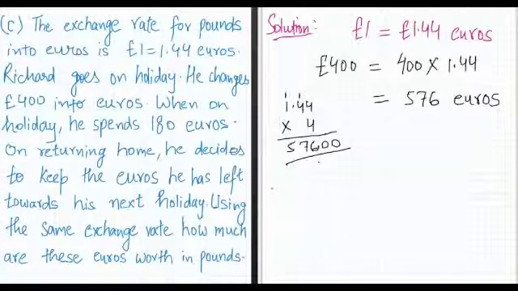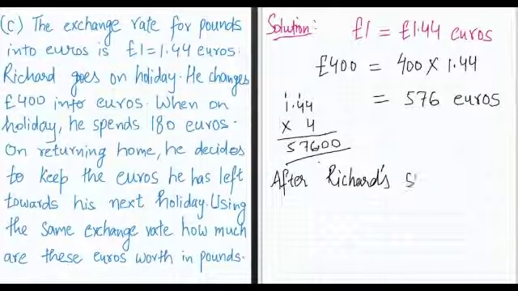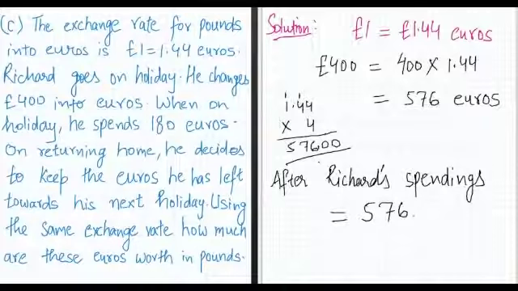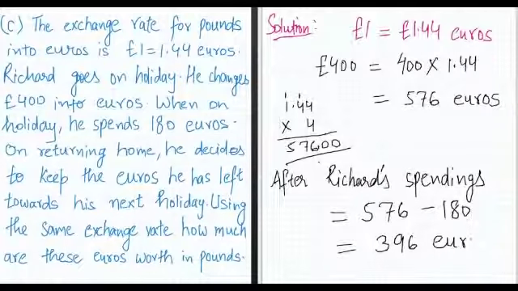So therefore, after Richard's spendings, the total he got is 576 euros and he spent 180, so minus 180, so he is left with 396 euros.